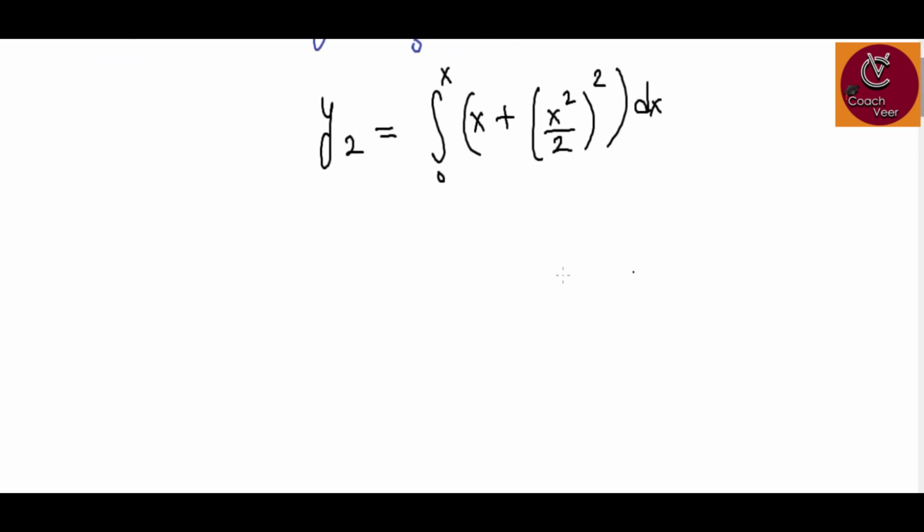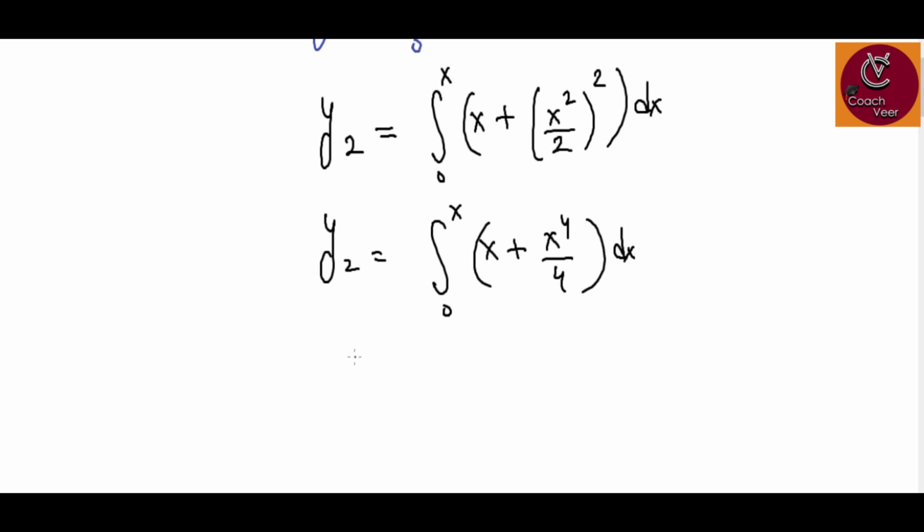Now square it first before integration. You are going to get y2 is 0 to x of x plus x to the power 4 by 4 dx. Now only the integration work needs to be done.